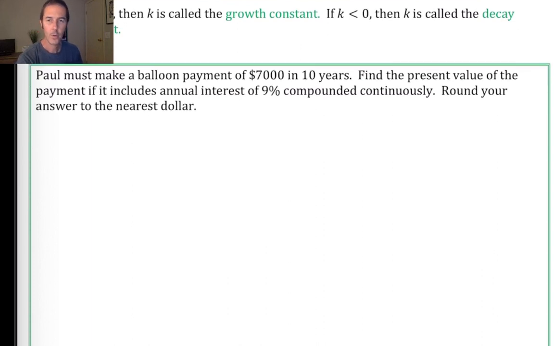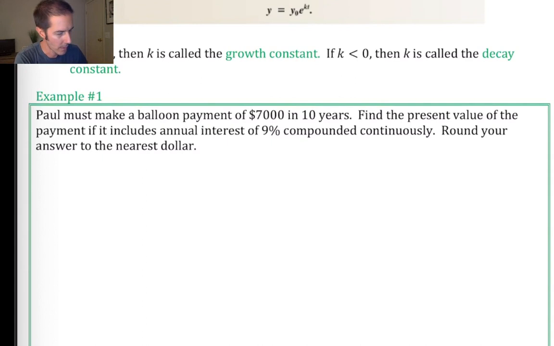All right, so we've got the balloon payment of $7,000 happening in 10 years. And remember that this version of the equation says y equals y sub 0 times e to the kt. The final payment is $7,000. Find the present value.